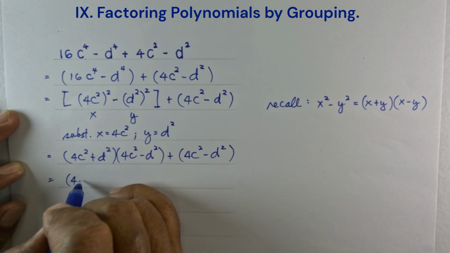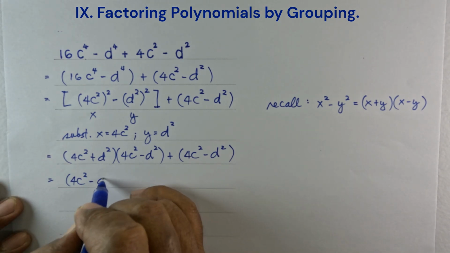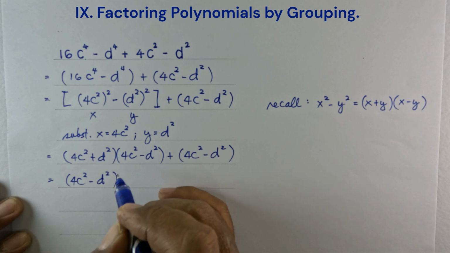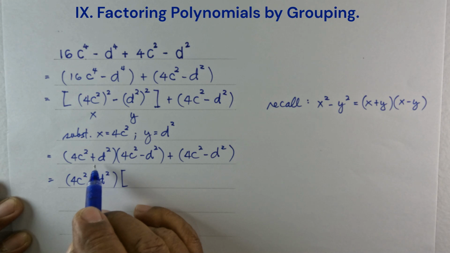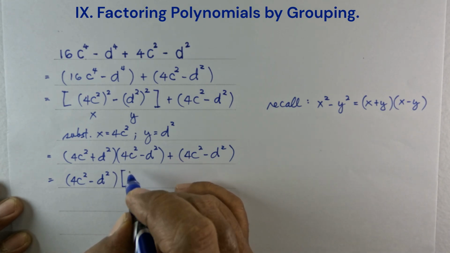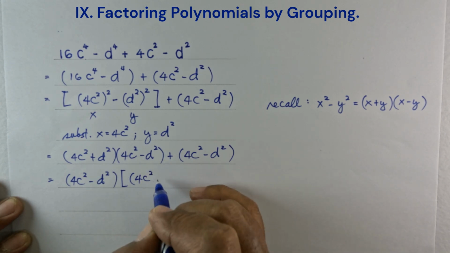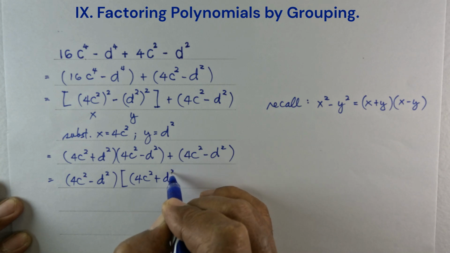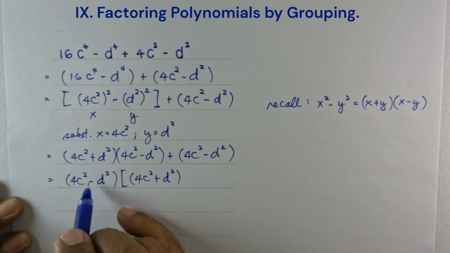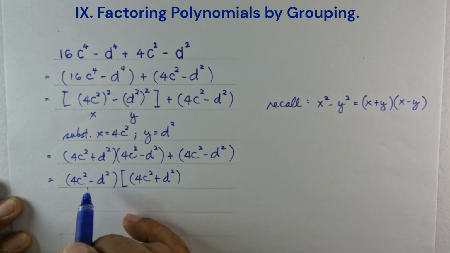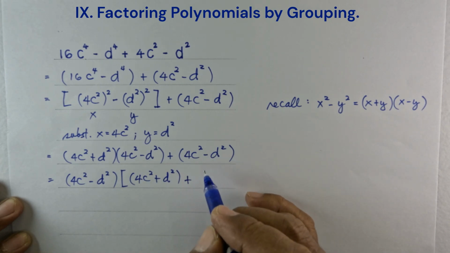Right here, 4c squared minus d squared times quantity 4c squared plus d squared plus 1.